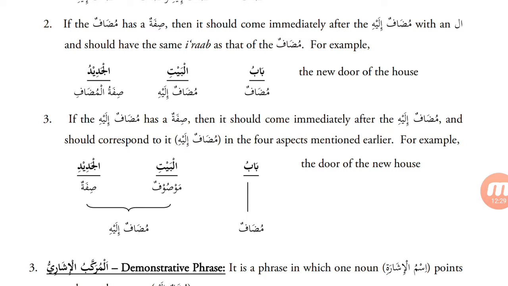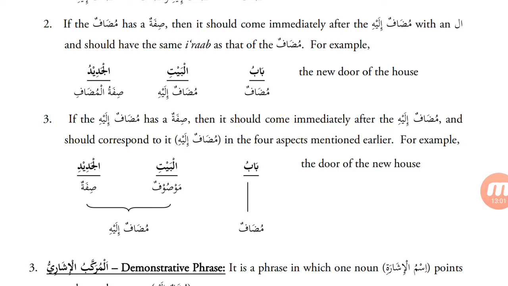So if one wants to add a sifa of the mudaf, he will add it after the mudaf ilayh, and he will add an alif lam to the sifa of the mudaf, and he will give the sifa the same i'rab as that of the mudaf. So here babu is marfu'. It is ending with the sign of raf', the dhamma, appearing on the ba. So babu is mudaf and it is also marfu'.